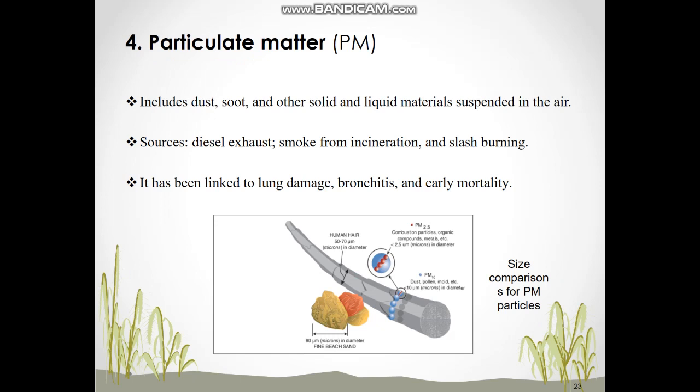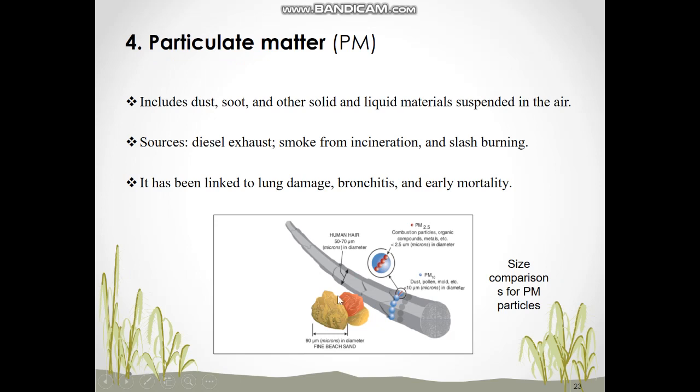The major sources of particles are car exhaust from trucks and buses, and smoke from incinerating garbage, so they may contain heavy metals and can be very dangerous. Burning wood and industrial activities are also a major source of PM. PM can be very dangerous and can be linked to lung damage, bronchitis, and early mortality.